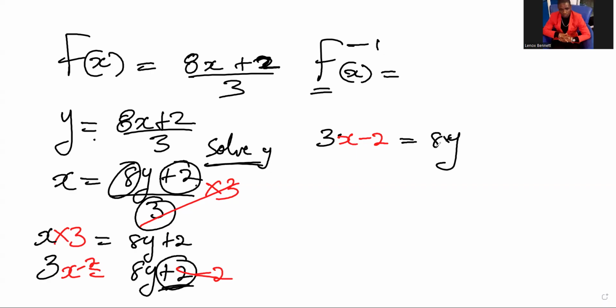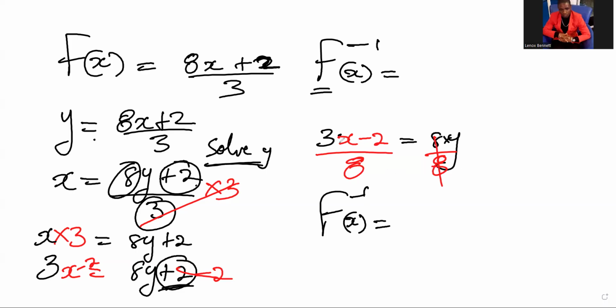What's the opposite of times? Divide. So we divide by 8. Anything we do to one side, we do to the other side. So we color code it, very easy. So the inverse of f, and guys, let's look at the red ones, basically. That's the order of operations that we do.